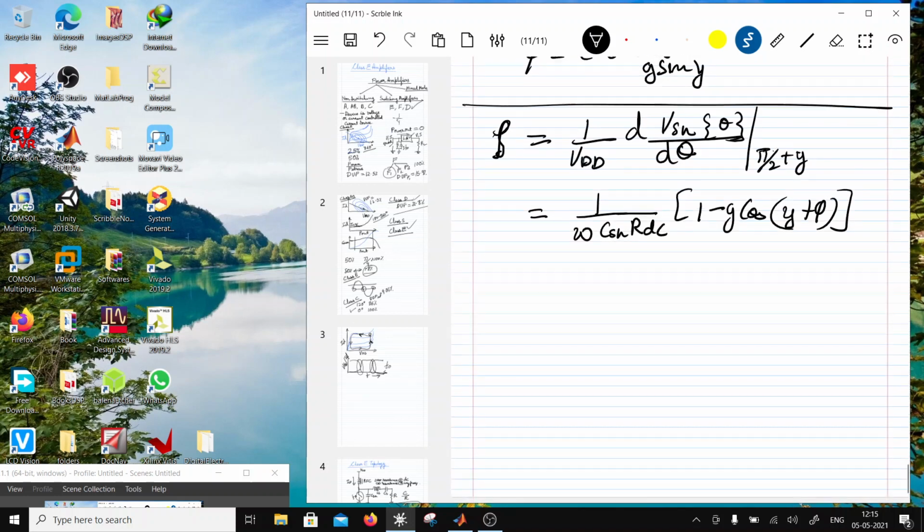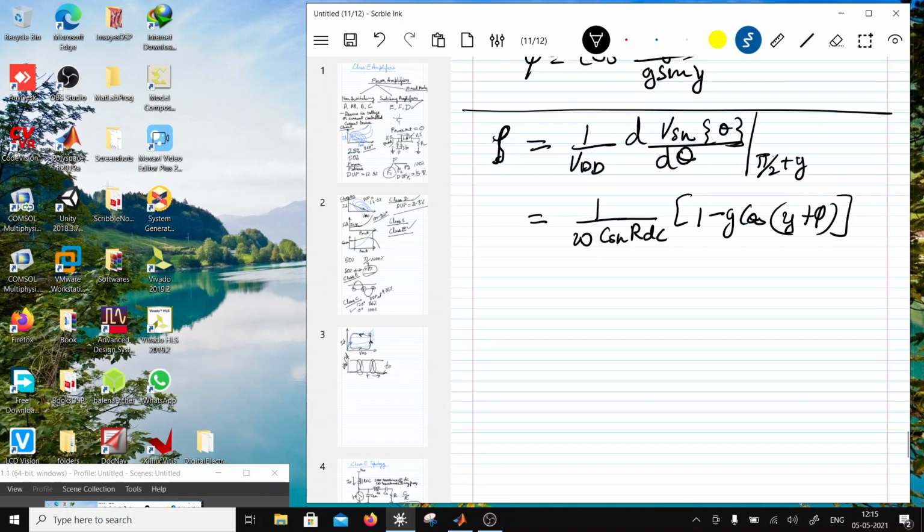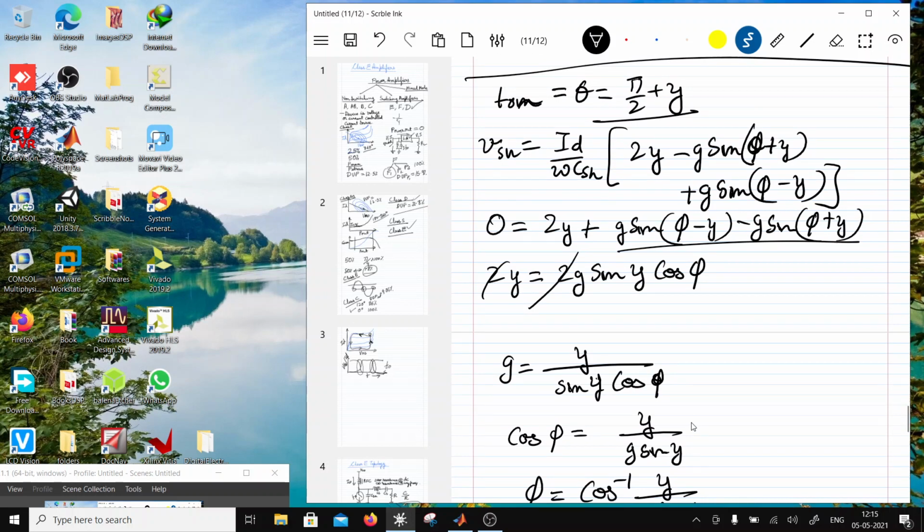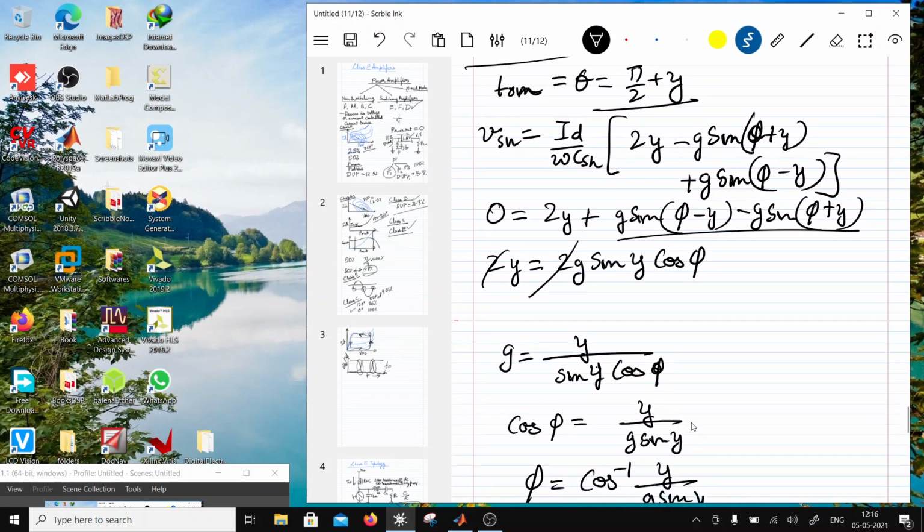Okay, and then I can establish phi. So this was voltage 0, right, in the slope of voltage.